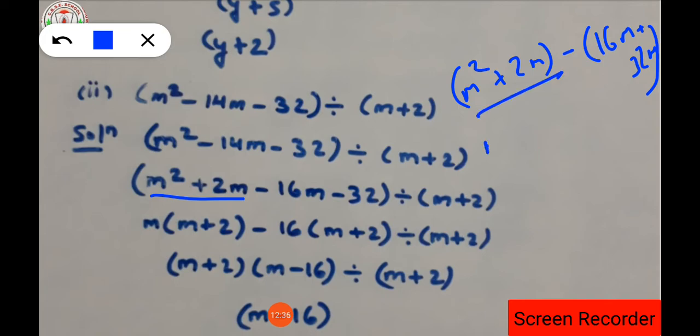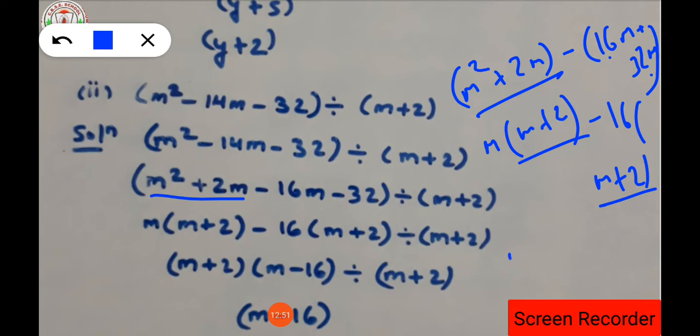Now m will be taken common. What is left? m plus 2 will be left out. 16 and 16 are present, 16 twos are 32, so 16 is taken common. What is left out? m plus 2. Now m plus 2 is taken common. What is left out? m minus 16 is left out.